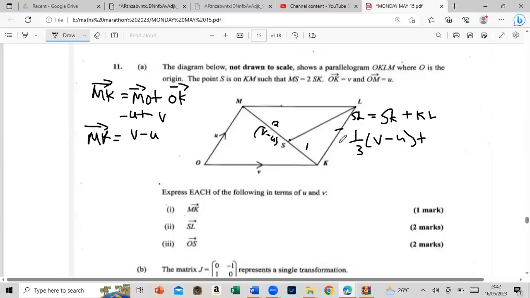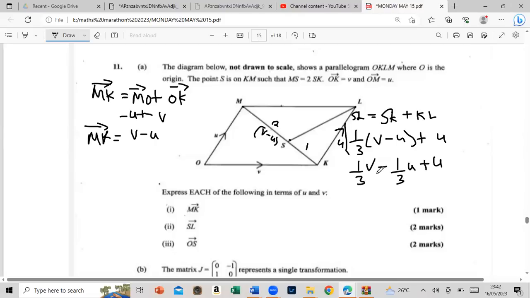So it will also be U when going that direction, plus U. Let us expand: it's going to be 1/3 V plus 1/3 times V, and then 1/3 times U, which is minus 1/3 U. And of course, plus the big U, which is 1U.